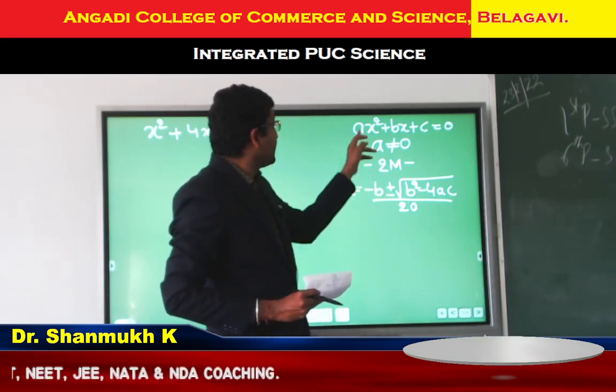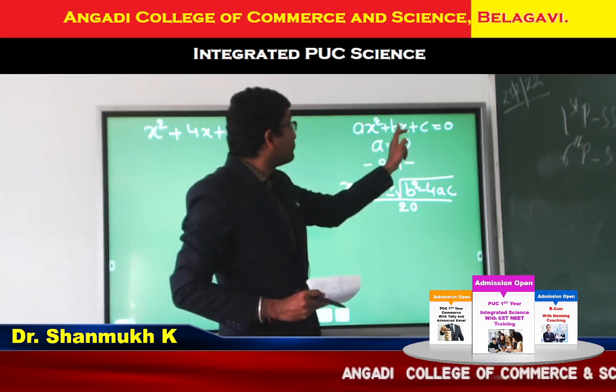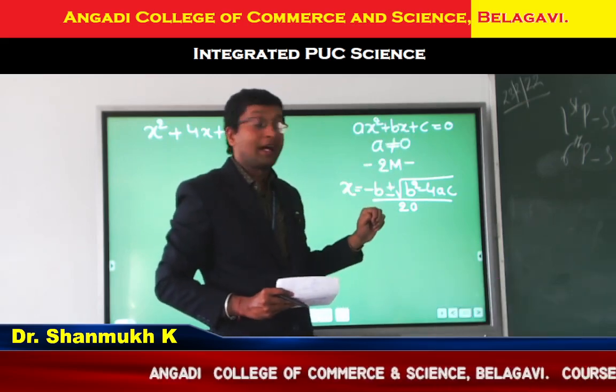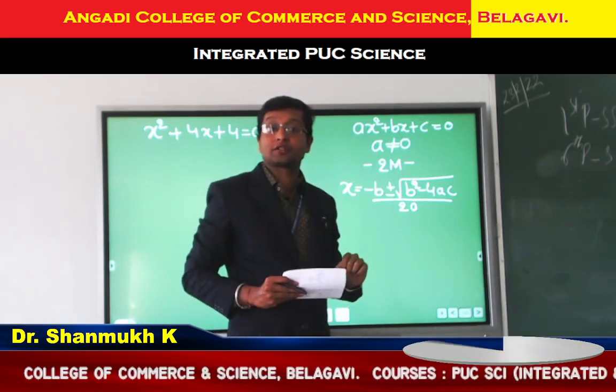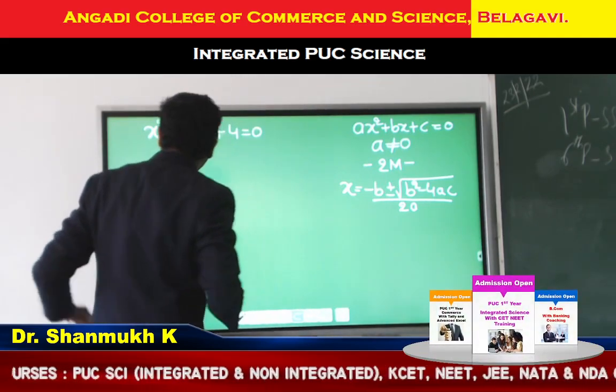Here a is the x square coefficient, b is the x coefficient, and c is the constant. Those are the values of a, b and c.